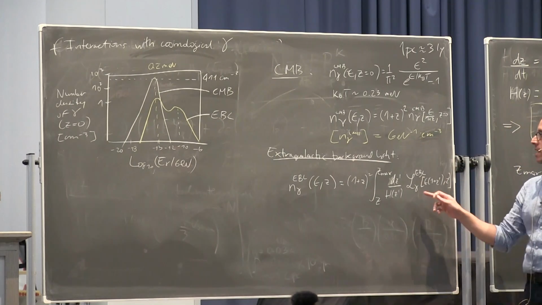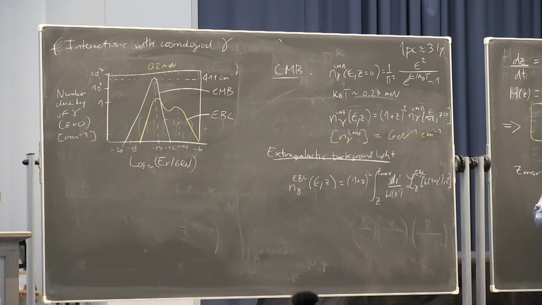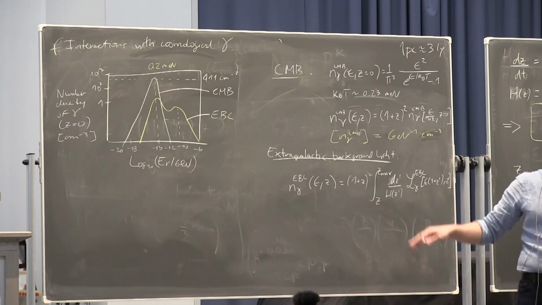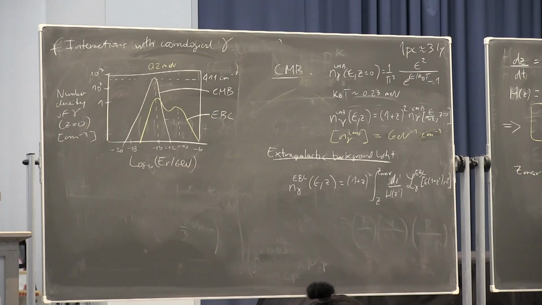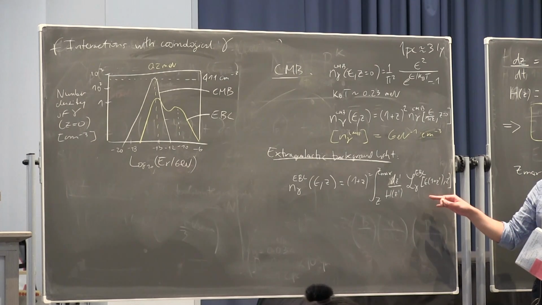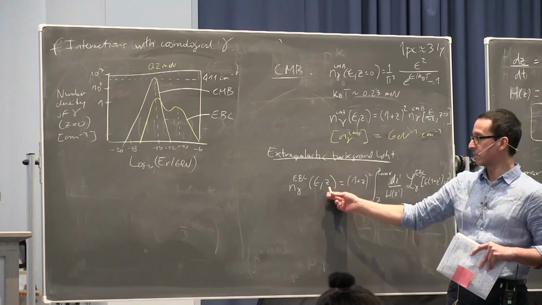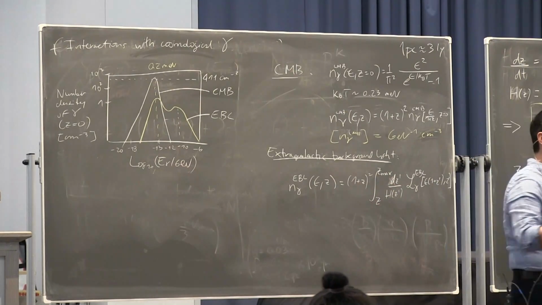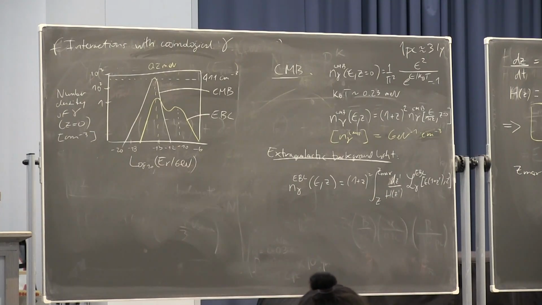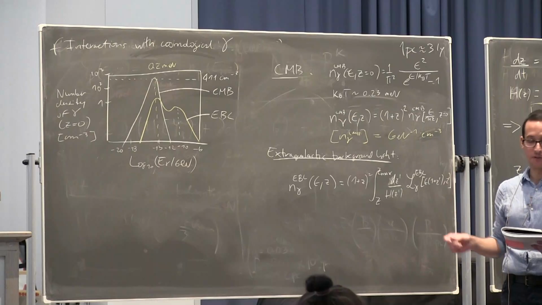So what this is saying is there is, like in the case of the protons, some population of sources, in this case stars, that are injecting photons, the EBL photons, with some distribution of the number density over redshift. And if you want to find out what the number of those photons is at a certain redshift, then you need to account for the fact that at redshifts higher than that, there were already sources emitting those photons, and the ones you see at redshift z have been accumulated all the way from z greater than that value. So z max of 4 or so.